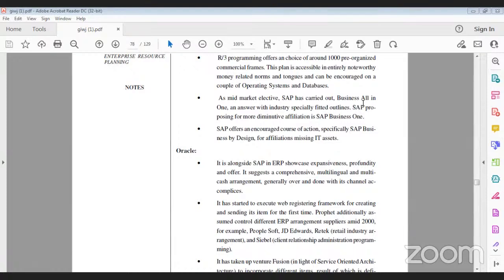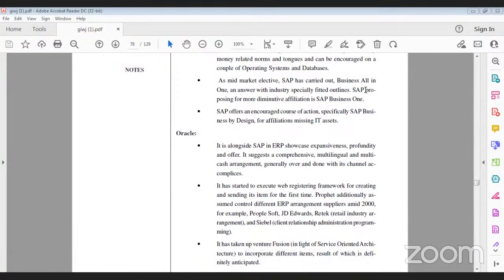It has started to execute the computing framework of creating and sending from the first time. Oracle also controlled different ERP solution suppliers in and around 2000, for example PeopleSoft and JD Edwards, and then Retek, which is in the retail industry.